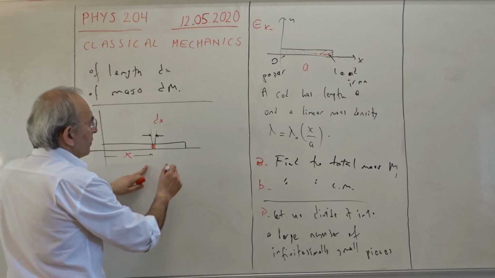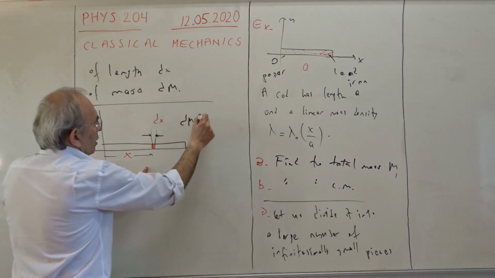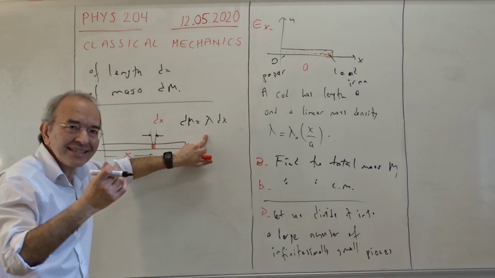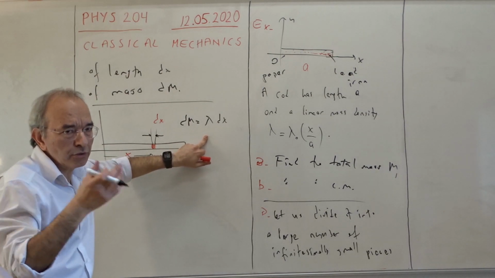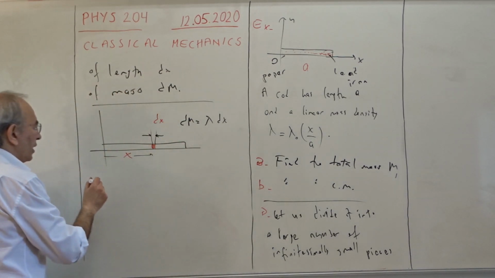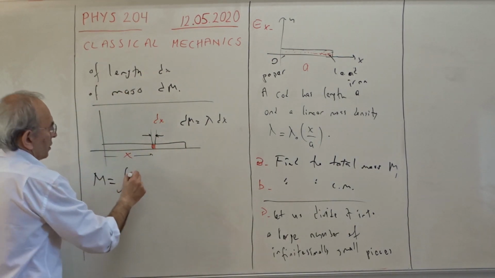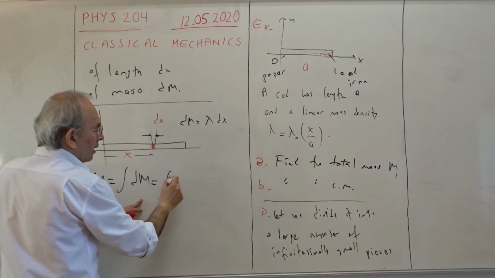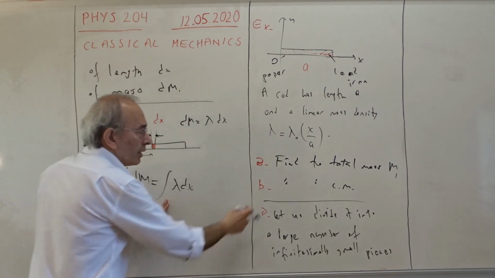What is this dm? dm is of course lambda times dx, because lambda gives us the mass contained within a certain small part of length dx. So m is the integral of dm. But this dm is written as lambda times dx, and lambda is already given.